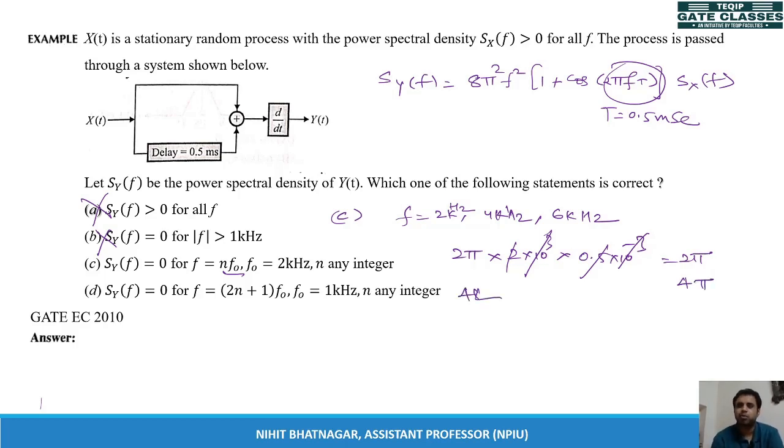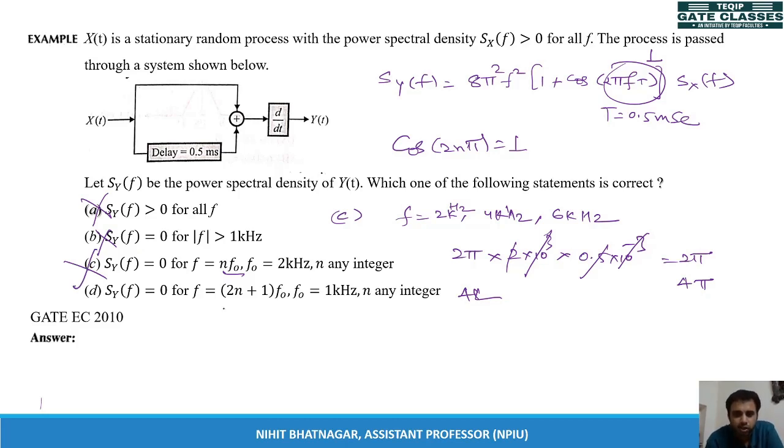It means even multiples of π. After putting even multiples of π, this term cos 2nπ is equal to plus 1. That's why this term becomes 1, then 1 plus 1 becomes 2, so this term is non-zero. So option C is also eliminated.